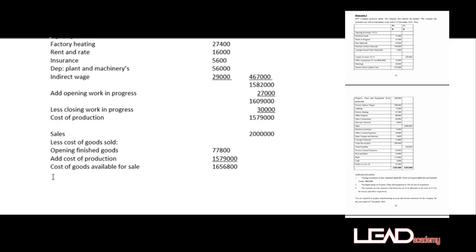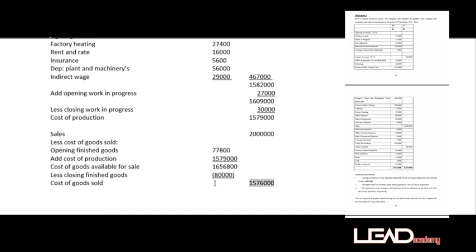The next thing is to less our closing stock of what? Finished goods. Closing stock of finished goods is 80,000. Then once we less 80,000 from our cost of goods available for sale, we are going to have a result of cost of goods sold of 1,576,000, which is our cost of goods sold.